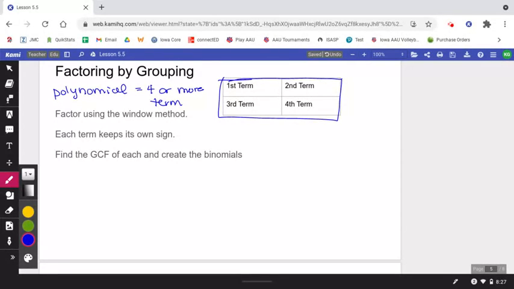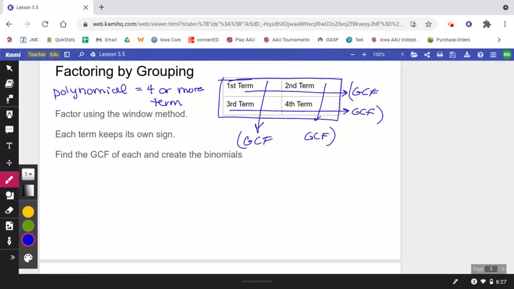Each term keeps its own sign. And then we're going to find the greatest common factor going this way, and the greatest common factor going this way, the greatest common factor this way, and the greatest common factor this way. And that will give me my 2 binomials that were FOILed to get the 4-term polynomial.